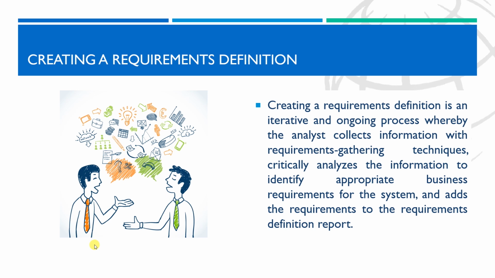To create a requirements definition, the project team first determines the kinds of functional and non-functional requirements that they will collect about the system. These become the main sections of the document, and next the analysts use a variety of requirements gathering techniques to collect information, and they list the business requirements that were identified from that information.